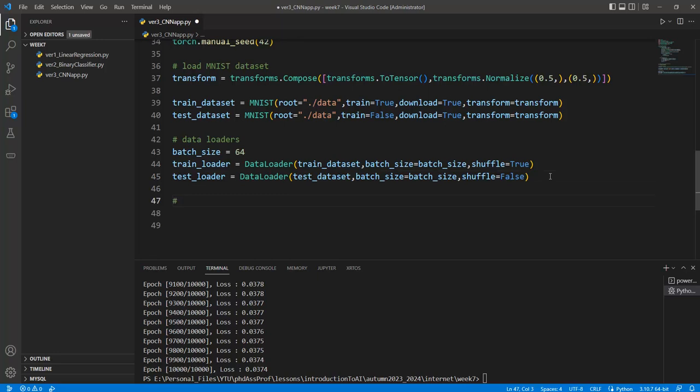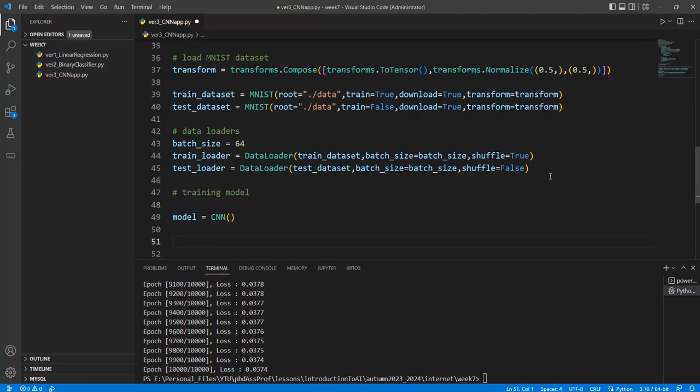Firstly, we need to create the training model, so we create the CNN with these parameters.